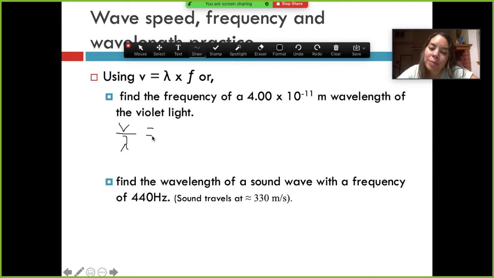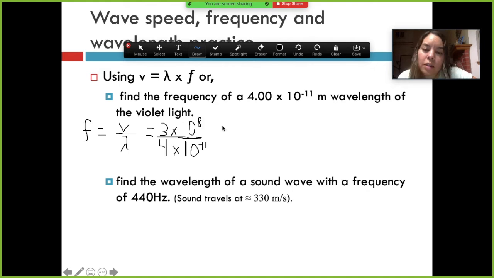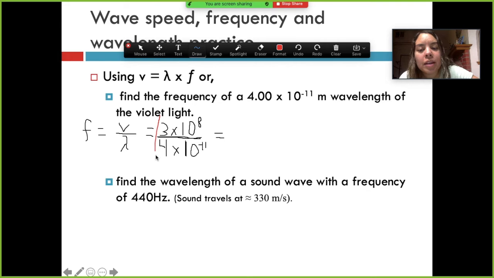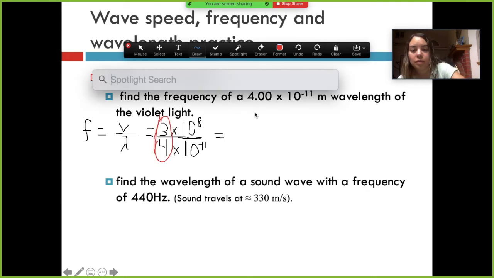So my wave speed, 3 times 10 to the 8, over wavelength, which is 4. Just like we did last time, first thing I'm going to do is divide these. So 3 divided by 4 is 0.75.